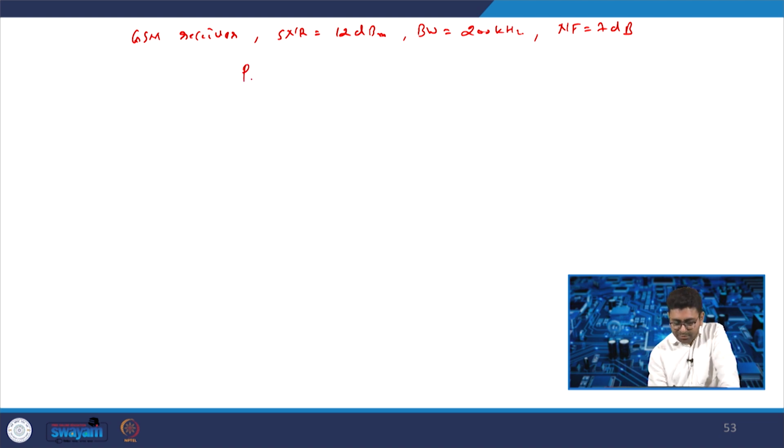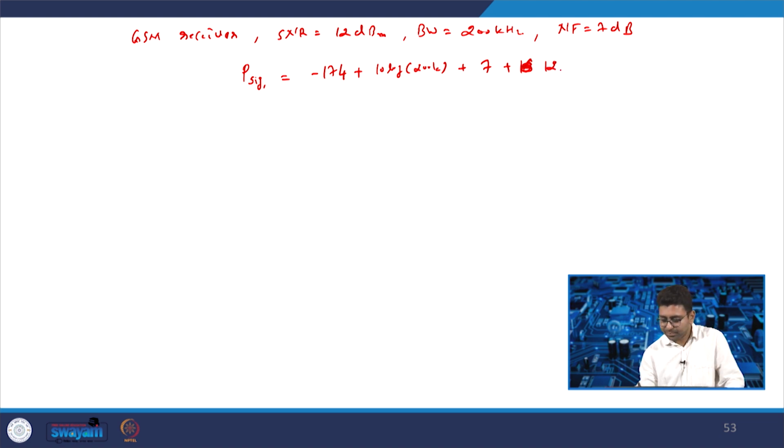So we can write P signal which is equal to minus 174 plus we should convert this, 10 log of 200 k, plus noise figure and the output SNR that is required, that is 12 dB.